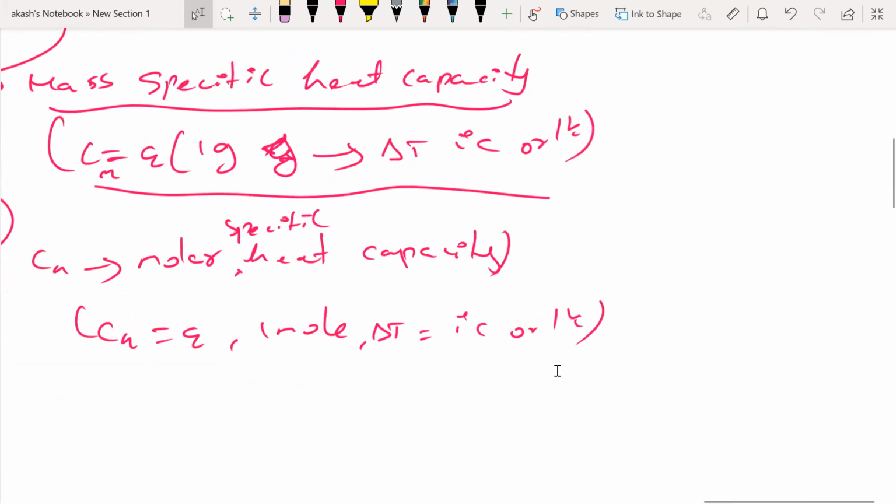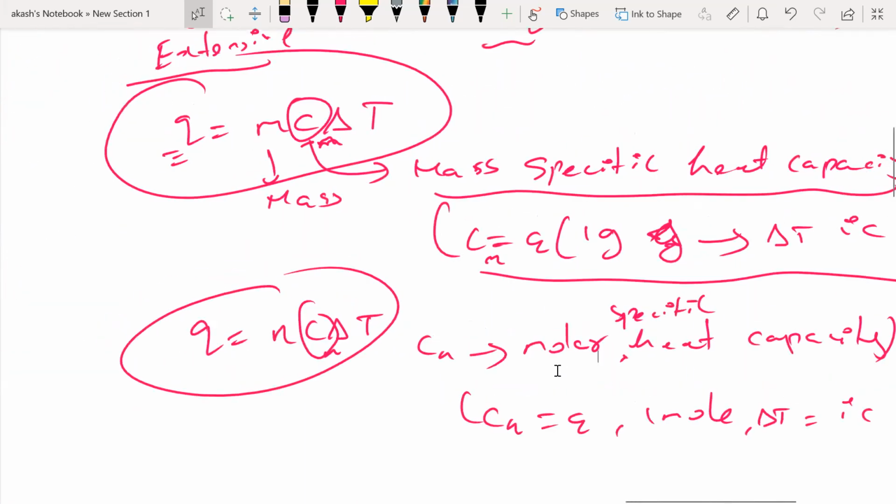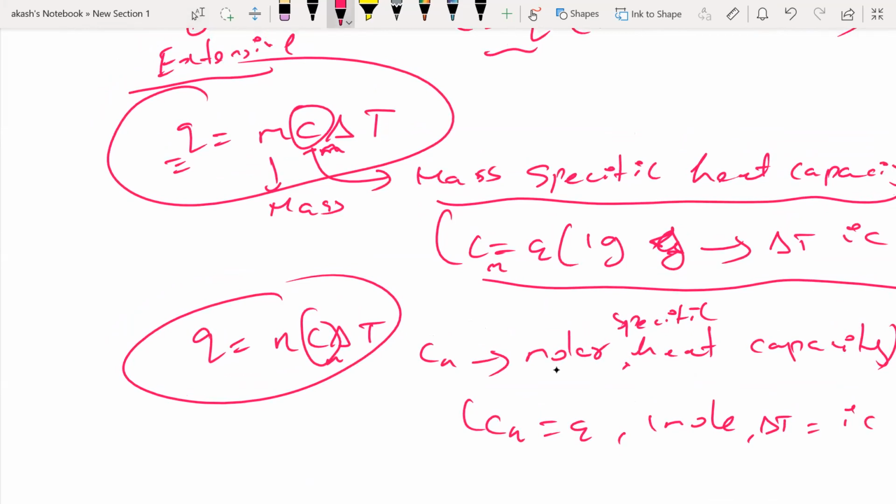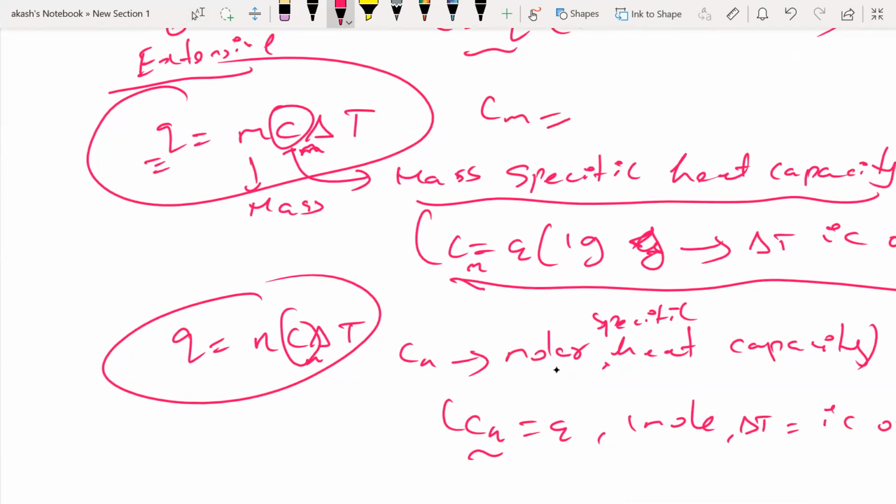Before we move on to that, let us talk about the unit of Cm and Cn. Cm will have a unit: this is joules, this is going to be in grams, and this is going to be in Kelvin. Can I write joule per gram? It should actually be kilograms, not grams; the SI unit is kilograms.